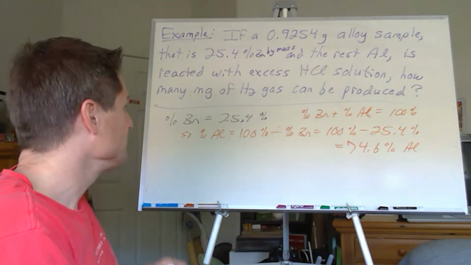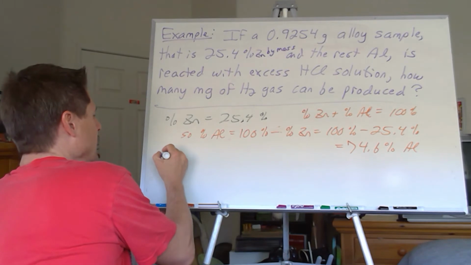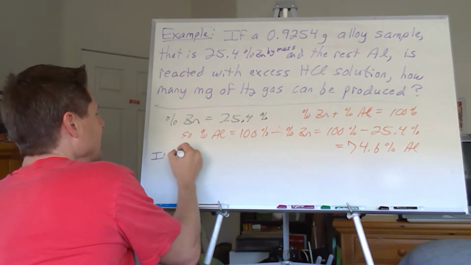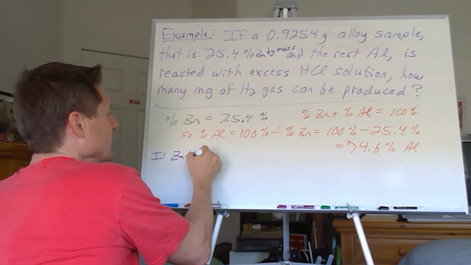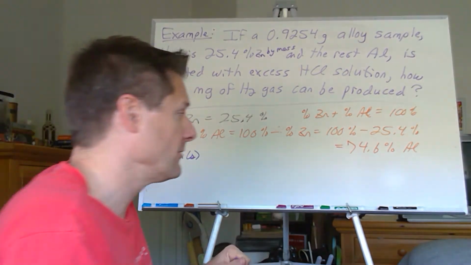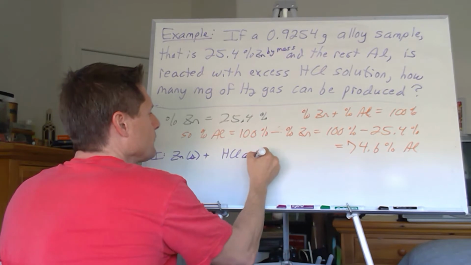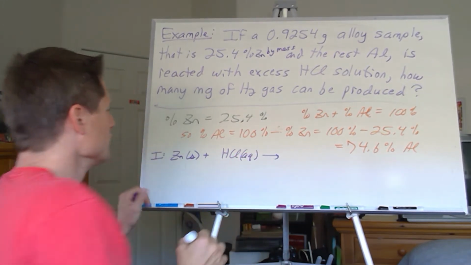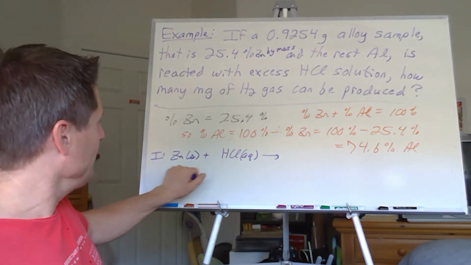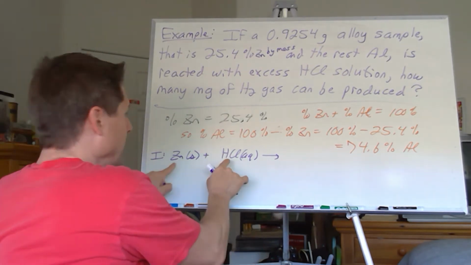We did that before. So let's look at the two equations. We've got zinc, and we're going to react that with hydrochloric acid, right? Single replacement reaction, so we're going to get hydrogen gas plus zinc chloride.